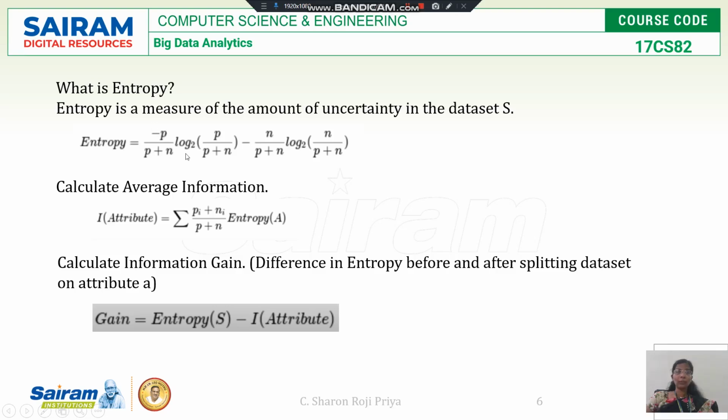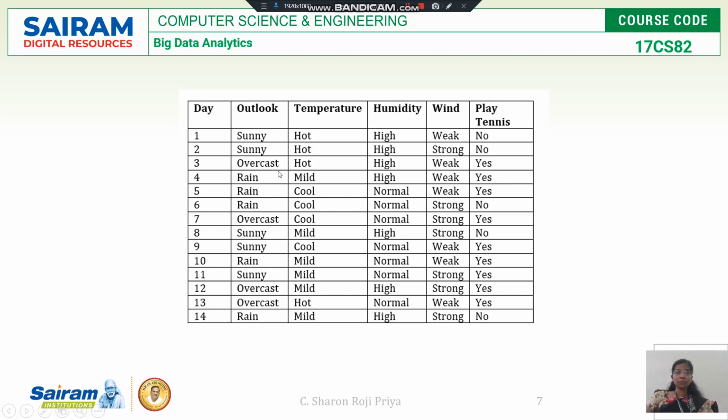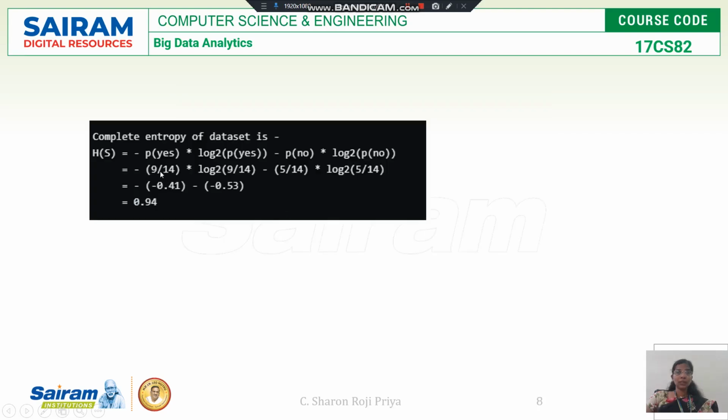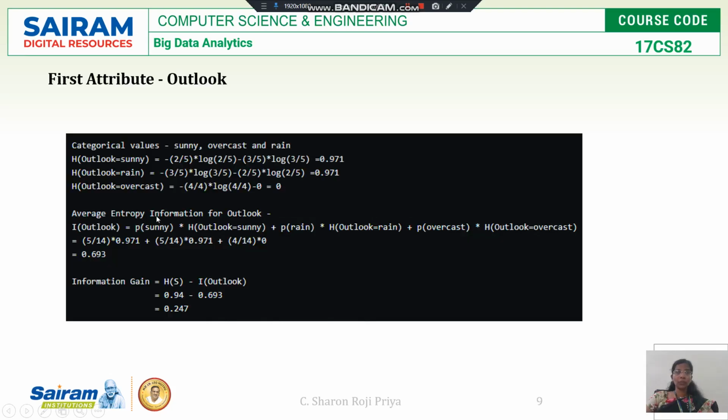So minus 9 by 14, and here it should be minus 5 by 14. You can check here: minus 9 by 14 into log 2 of 9 by 14, minus 5 by 14 into log 2 of 5 by 14. Be careful, it is log 2, not log to the base 10. You calculate the entropy for the complete data set, which you get as 0.94.